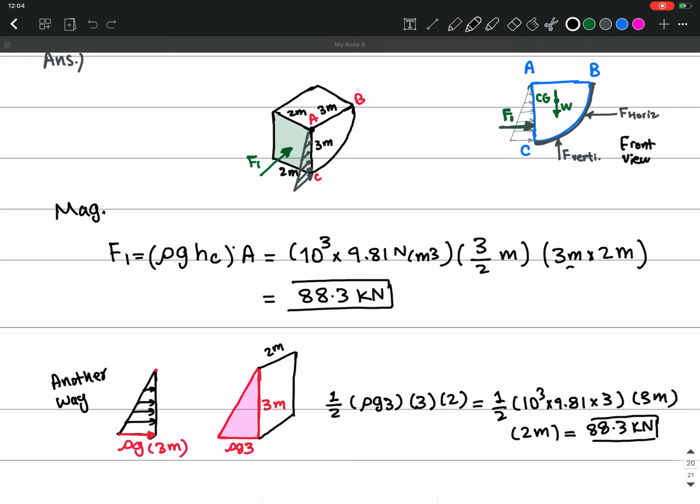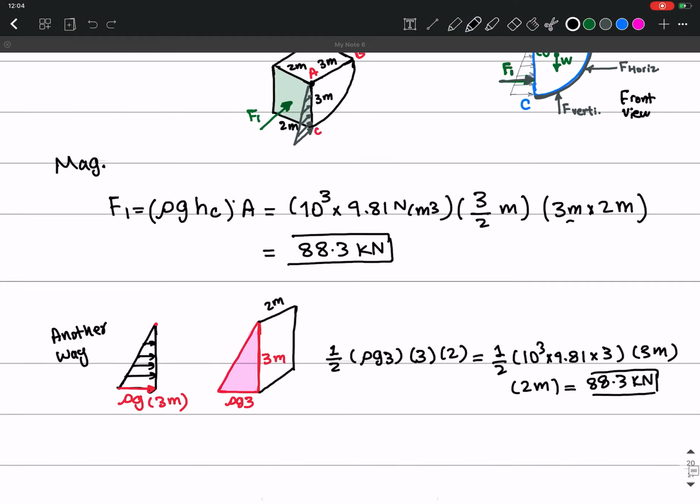And the h_c is the height of the center of area, which is going to be half of it, right? It's going to be 3/2. And so this is where you can find the magnitude of that.